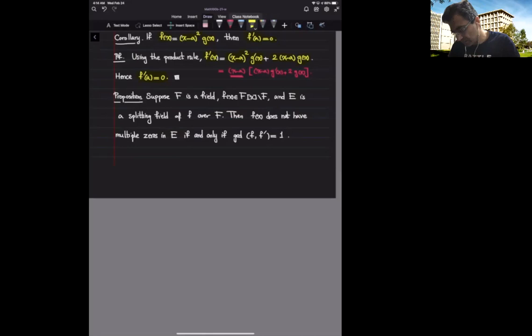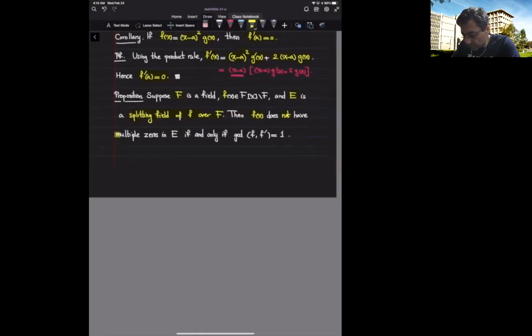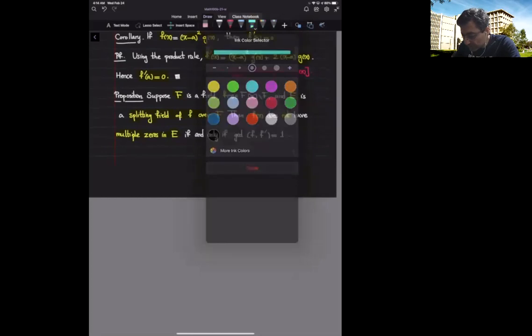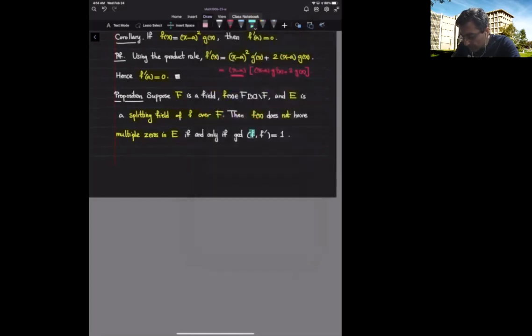Okay, so let's write down the statement. Suppose I give you a field F, I give you a polynomial small f, and I tell you the field extension E is a splitting field of this polynomial over the base field capital F. Now, in this setting, this polynomial does not have multiple roots in its splitting field if and only if f and its derivative are coprime.